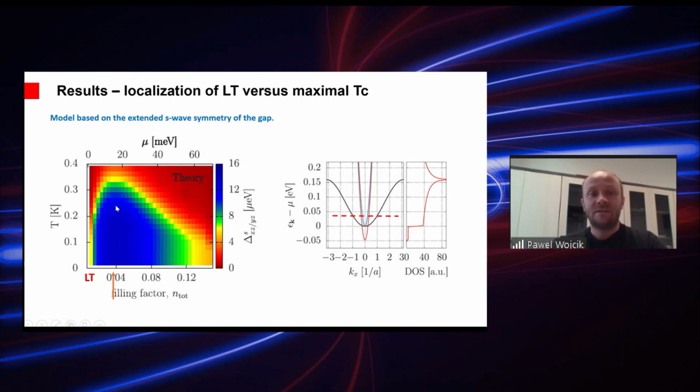And then the characteristic shape, in fact, is induced not by the interband repulsive interaction, but by the interplay between topology of the Fermi surface and the symmetry of the gap, which in our model we assume is extended S-wave.